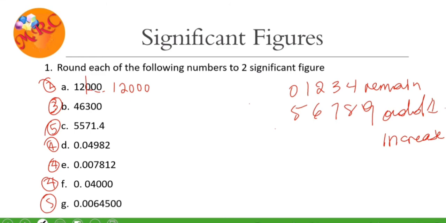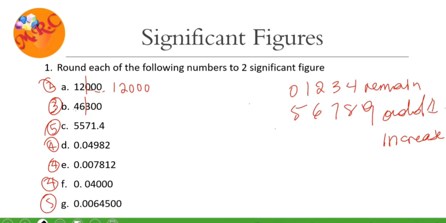So let's look at B, right? It says we're supposed to round it off to two significant figures. So we'll go 1, 2, and we're going to draw a line after the 6, after we count our second. Look at the digit that comes after the line, which is the 3.